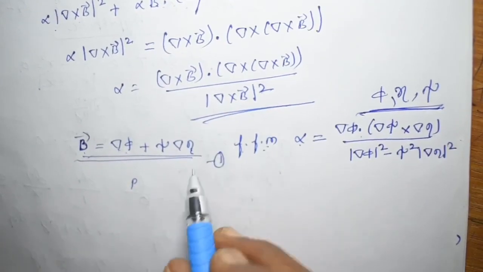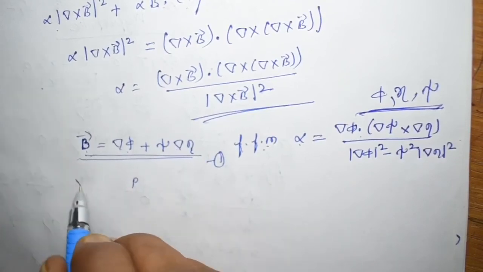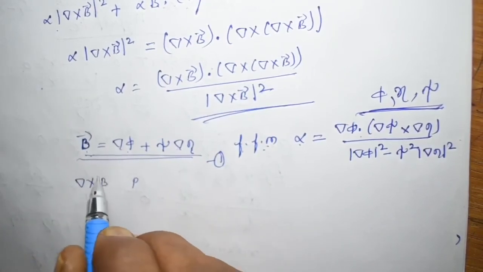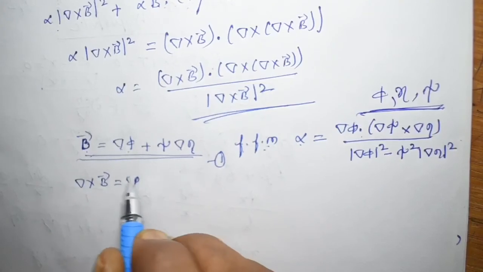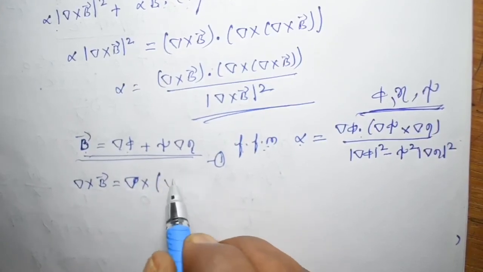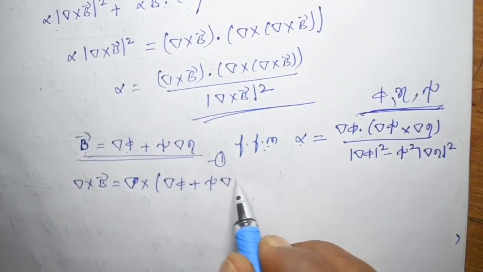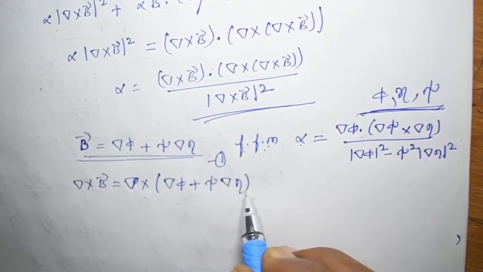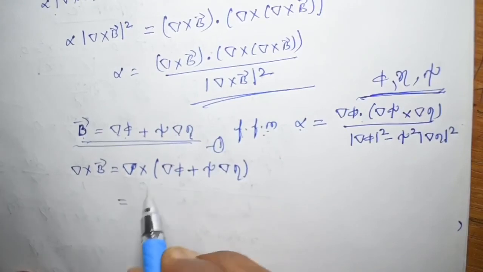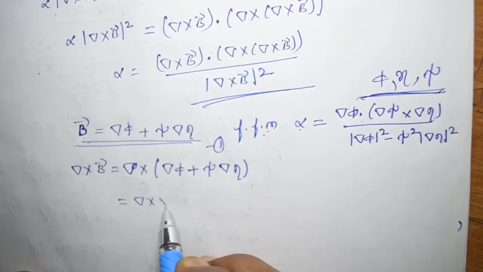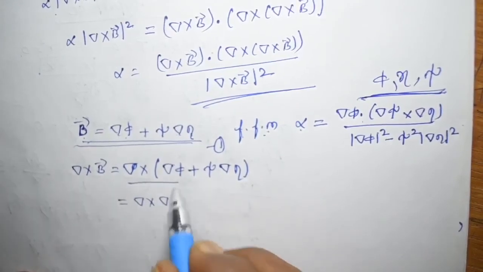Now by taking curl on both sides, you are going to get curl of B is equal to curl of gradient of phi plus chi into gradient of eta. Is it right?